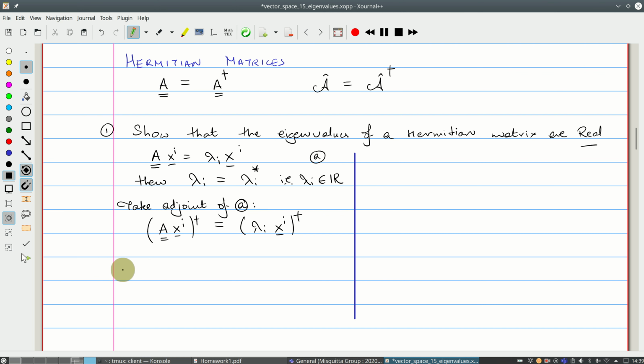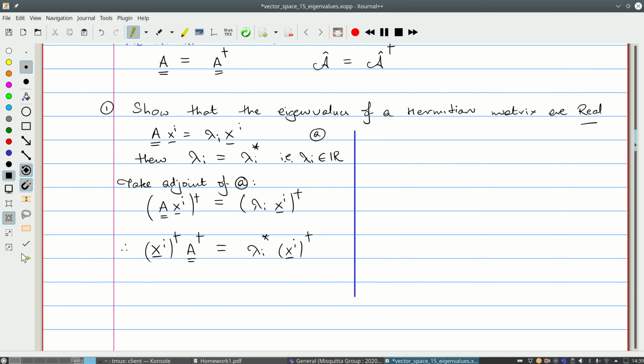Okay, so therefore this becomes (xi) adjoint A adjoint, that's equal to lambda I star, because the adjoint complex conjugates that, and then we will have the vector (xi) adjoint. Notice I'm putting a parenthesis around the xi. It's because I already have a superscript here, the I, and I don't want to confuse it with the adjoint. There's no other reason for it. To me, that's a nice way of handling multiple superscripts.